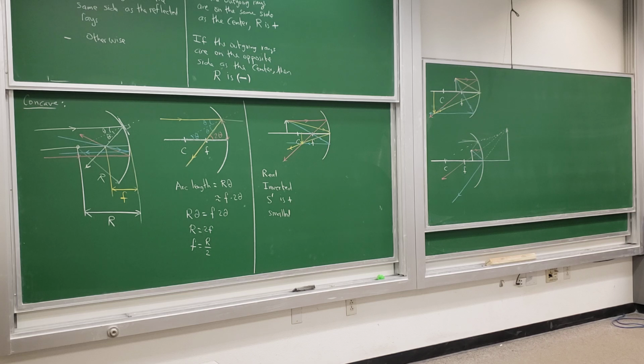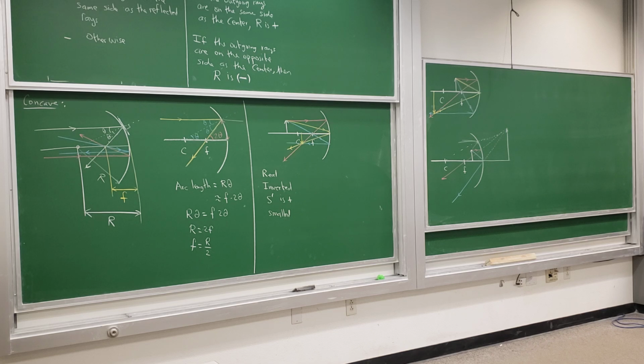But if I get close, that's my hand. Is it real or virtual, the image? It's virtual, it's behind the mirror, and it's bigger. I can estimate the radius of curvature is maybe somewhere here, and the focal point is here. So when I put my hand here, it's somewhere between the focal point and the mirror.